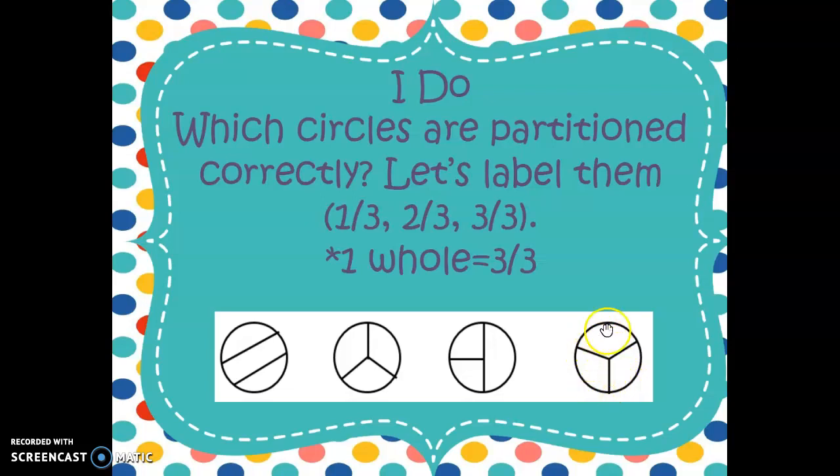If you add all your thirds together, you add the 1 and 1 and 1 together, you'll get 3/3, which is the same as 1 whole. Okay? So remember, your numerator talks about the pieces, the different parts that are questioned, and your denominator talks about how many pieces altogether. In this case, we have 3 pieces altogether.